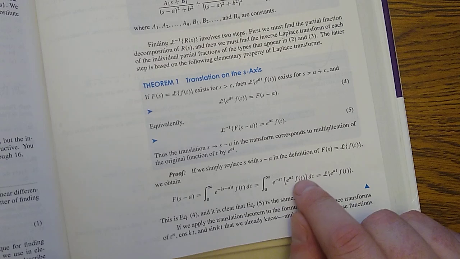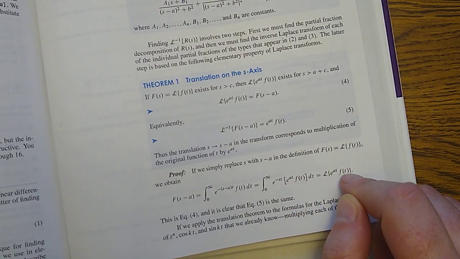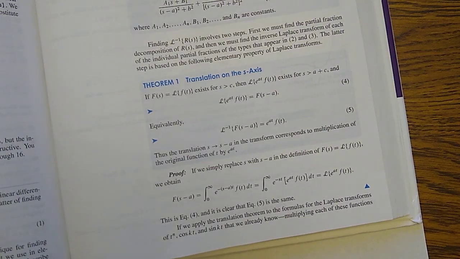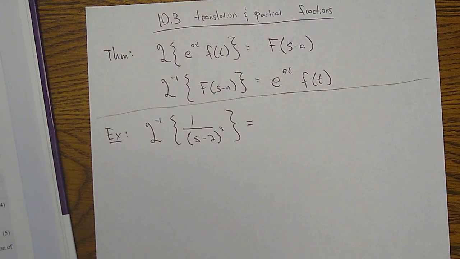And now, looking at it this way, this is just the Laplace transform of e to the at times f of t. So, yeah, we have that rule, and we can now use it to find Laplace transforms of things that maybe we couldn't have figured out before.